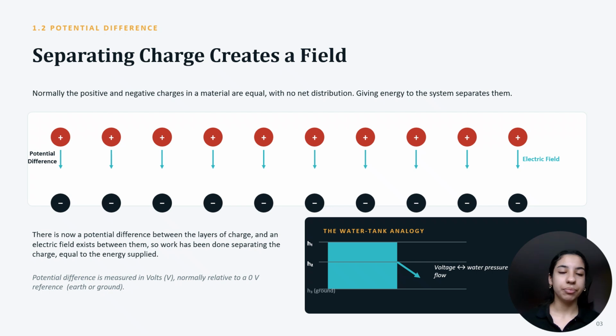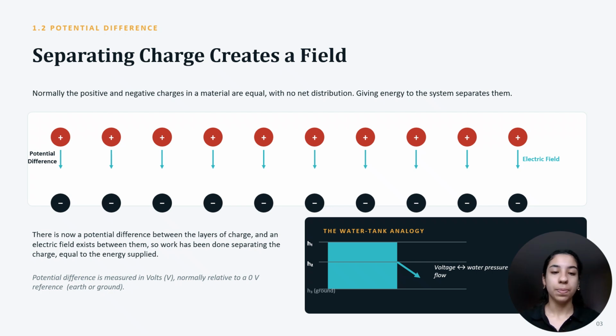So normally where there is no electric field, the positive and negative charges in the material are equal in terms of the value of it, the coulombs. But when they have different values where they are not equal, then the potential difference between the layers of charge is made as an electric field, which exists between them.